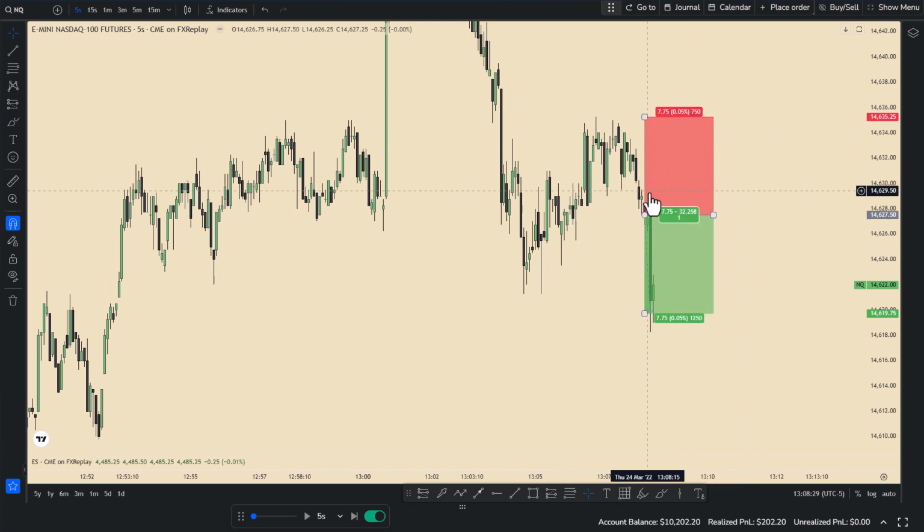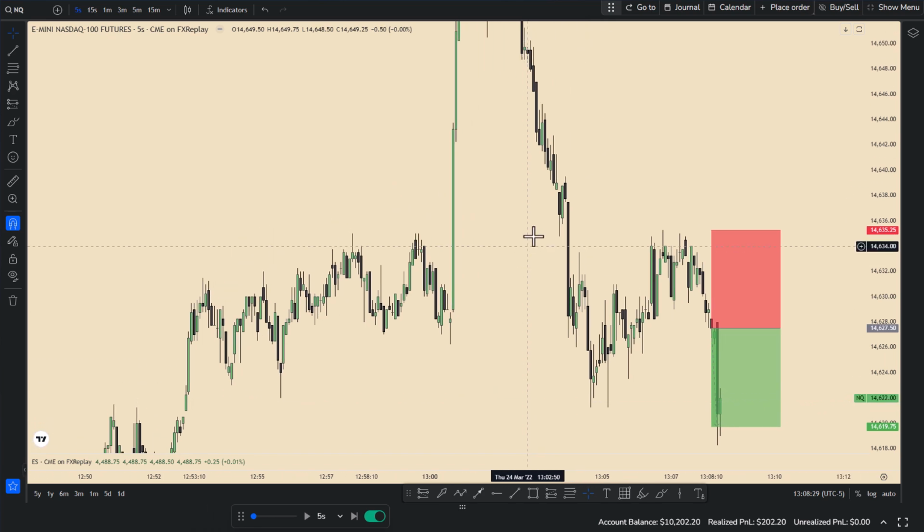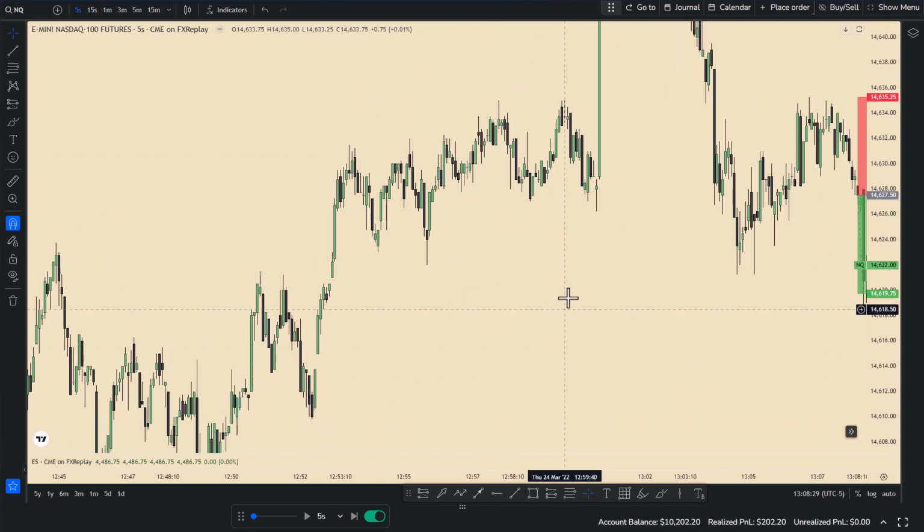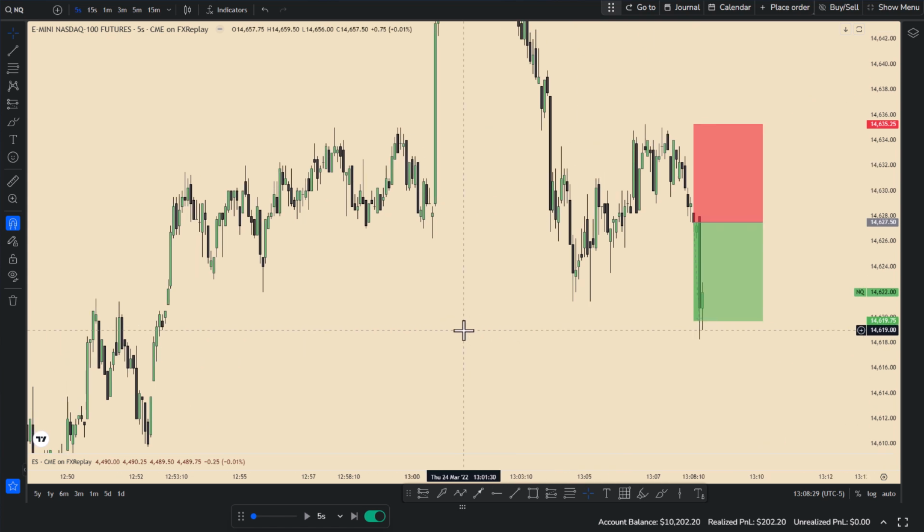So what was the logic behind this one? If you remember from the previous trade, or the previous setup, the one where I told you that I don't trust the market structure shift.